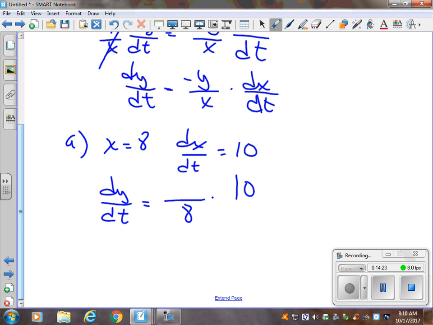I don't have y. In implicit formulas, they usually don't give you one of the numbers you need, but you can take the original problem, xy equals 4, plug in the value they gave you for either x or y, whichever one they give you, and solve for the other one.